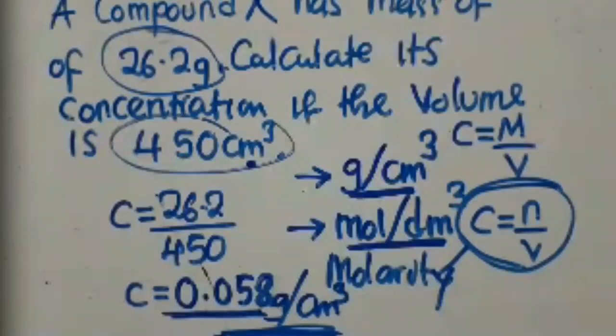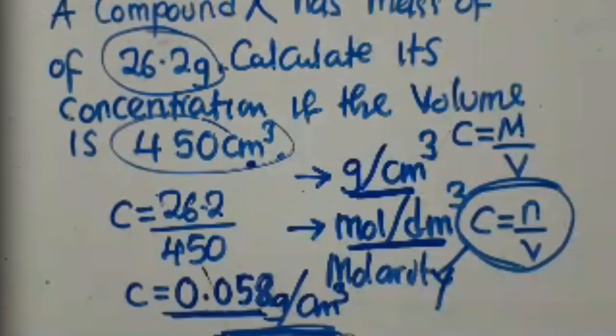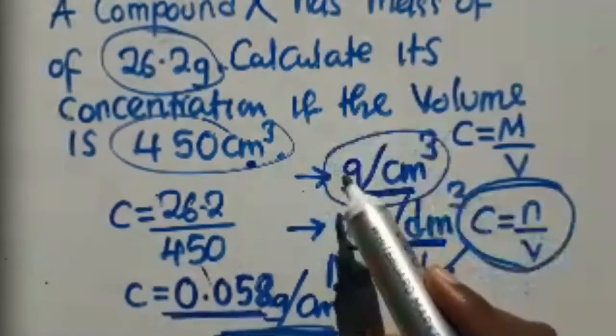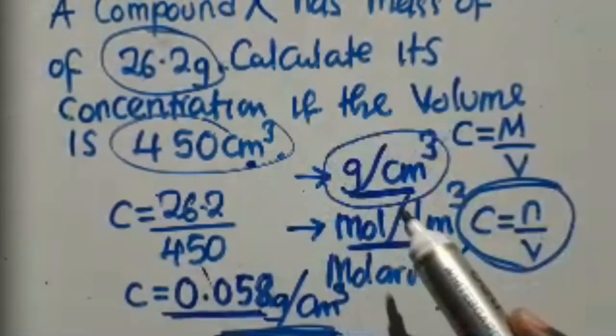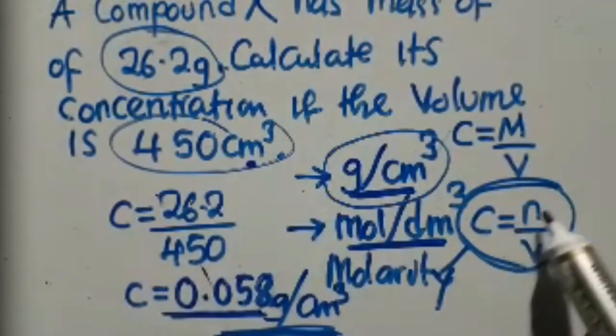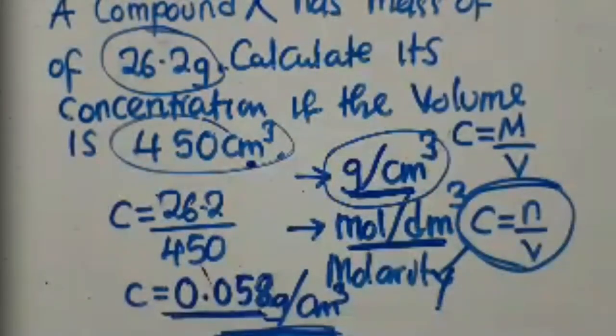Have you seen the way I've expressed the units? Grams per centimeters cubed, because I was answering it in this form. But in a case where we want to find the molarity, you say number of moles over volume. So you use a different method. This is another method that you have used here.